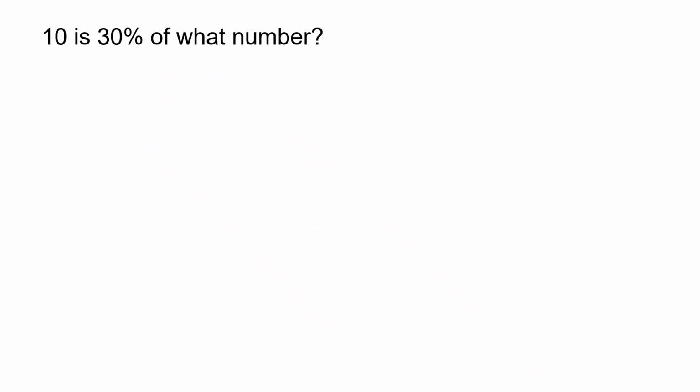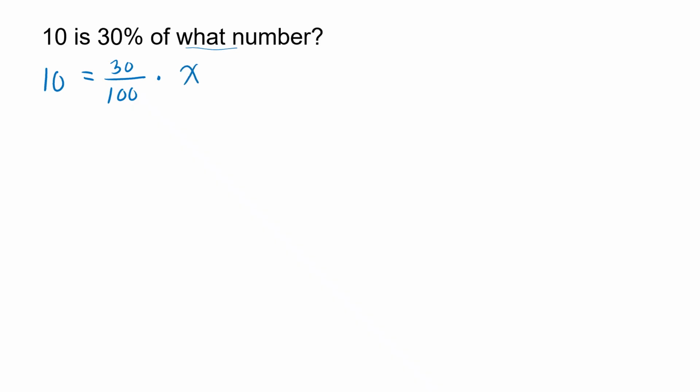Okay, and here's the last variation. This is the one that's not as common, but these simple concepts will work for all of them. So 10 is 30% of what number? We're going to write that as 30 over 100 of what number? There we go.